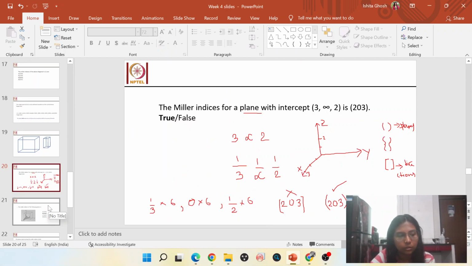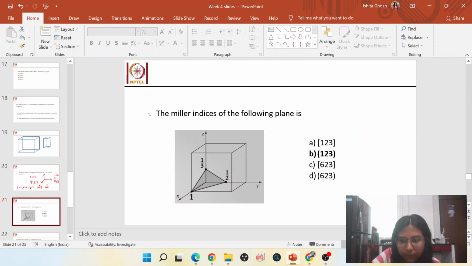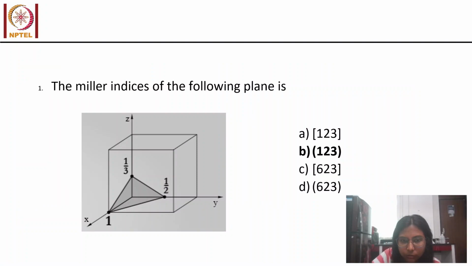So we got this. Now we will come to this question. For easy visualization, this is already drawn. The question was: what are the Miller indices of the following plane?